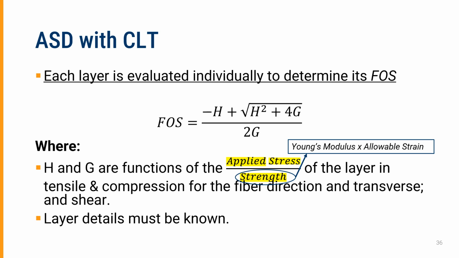We can determine that in this case. We determine in this case the factor of safety is actually the solution of a quadratic equation where H and G are functions of the applied stress over the strength. To see the full development of that equation, that's where you get to read the NASA RP 1251 document.